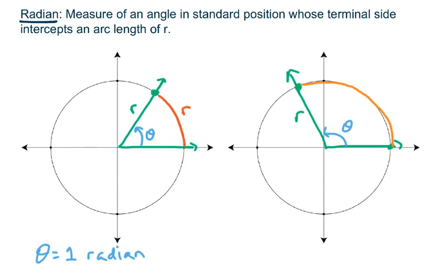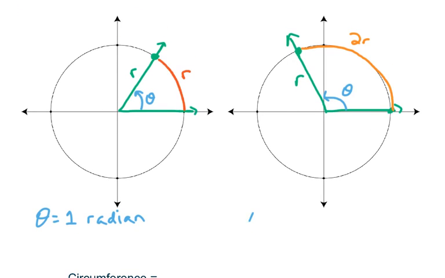Green from the center of the circle out to the dot is r. It's a length of r. It's our radius. We could assume it's 1, but we don't know that for sure. And the length of that orange line, the arc length of that circle that's covered by that angle, is 2r. So if the arc length here is 2 times the radius, we could say that this angle in this second circle, the theta here, is 2 radians.